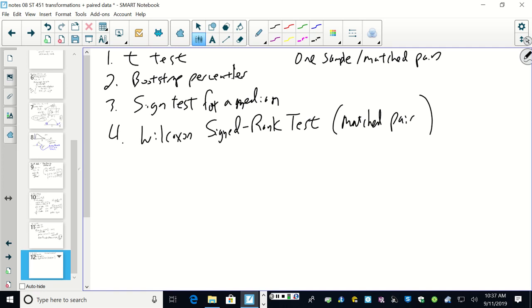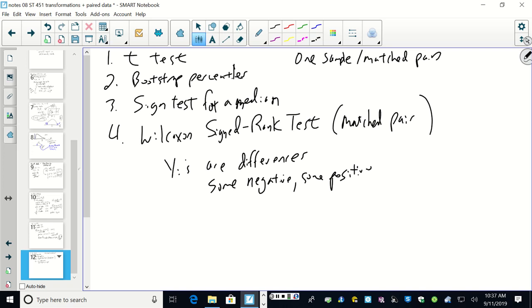Well, in this one, we have the y sub i's are differences. Some can be negative, some positive. And if you just look at the y bar, again, it could be sensitive to a few outlying extreme observations.